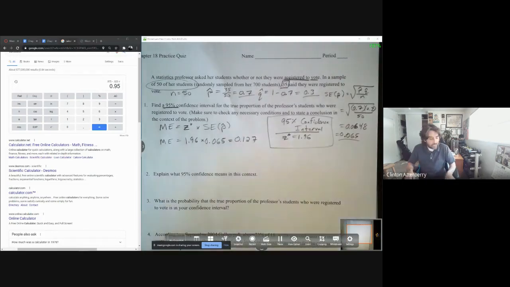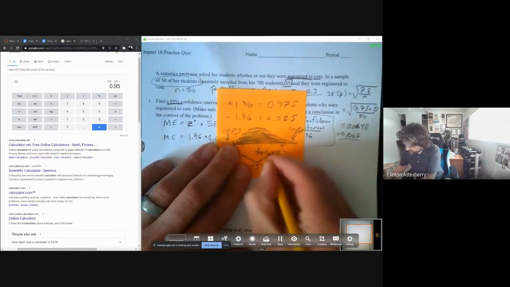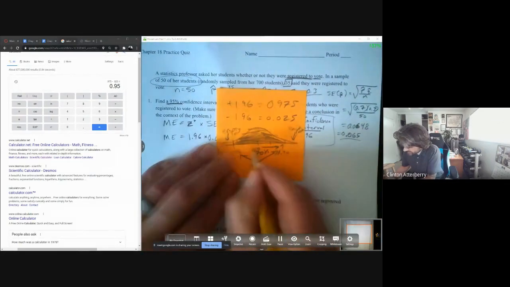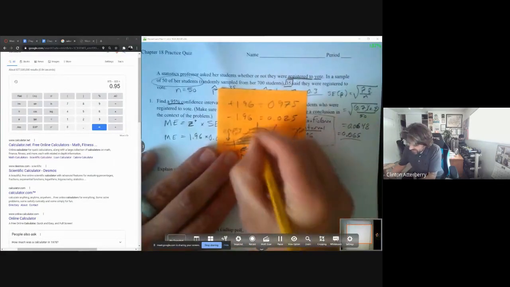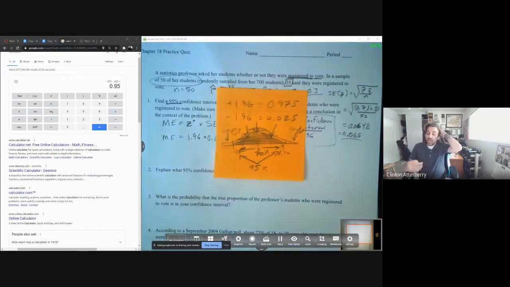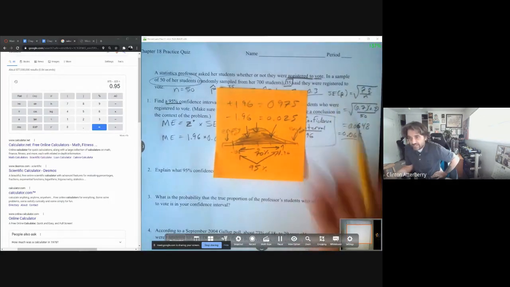Cool. So what we're trying to do is find a window. We're trying to set up this big window where if we observe 70% here, and we go out a little bit and out a little bit, we should capture somewhere in here the actual true percentage. It's probably in there. So what they say to do is this whole margin of error thing. First you find the standard error, which is like a standard deviation.